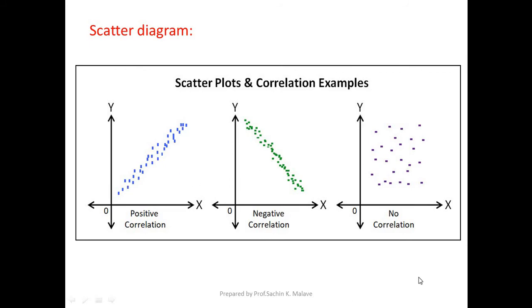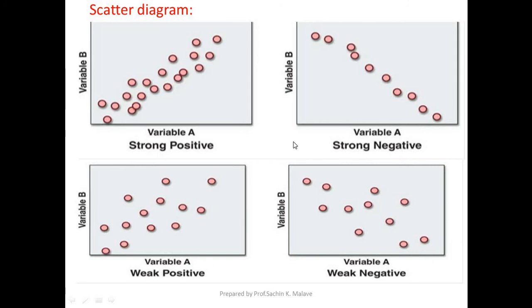We can further analyze this interpretation. This is variable b, and this is variable a. We have seen that as there is an increase in x, there is an increase in y. There is one more classification: it is positive, but it is a strong positive.